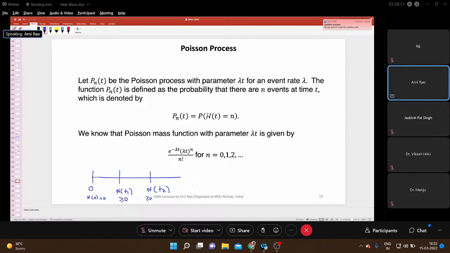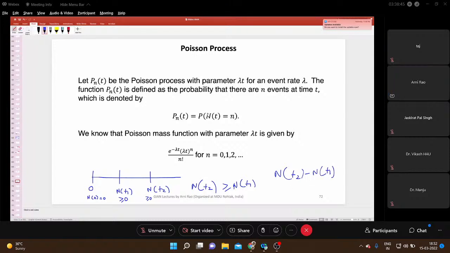N(t2) could be greater than or equal to N(t1), and so on. That's counting, anything you're counting. So initially 0, and then the difference N(t2) minus N(t1) gives us the difference.